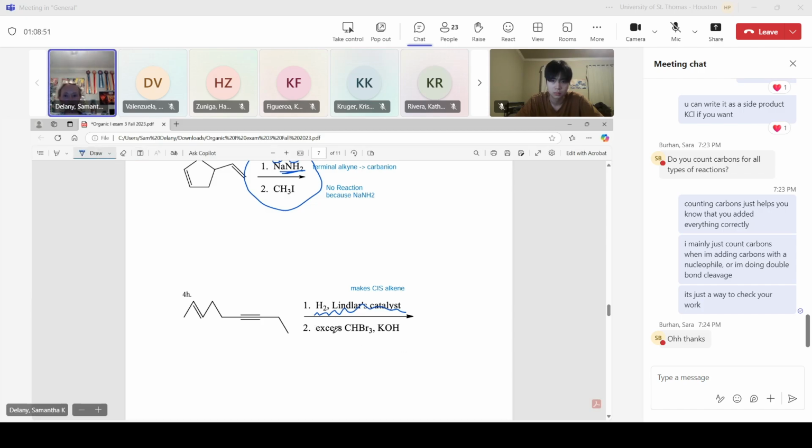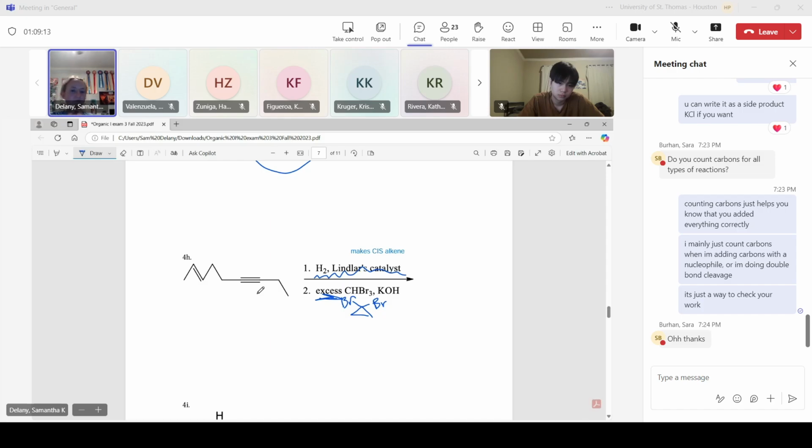So we have excess, so that means we could do it more than once. We'll see what happens after step 1. And this is that reaction that forms, it's almost an epoxide, but instead of an oxygen at the top of the ring, it's got that carbon with 2 halogens, that geminal dihalide ring.